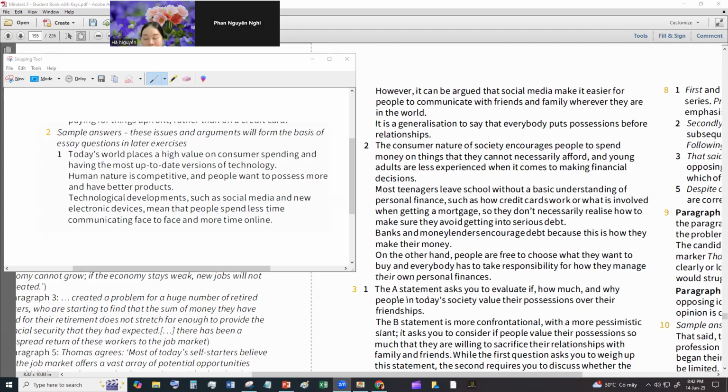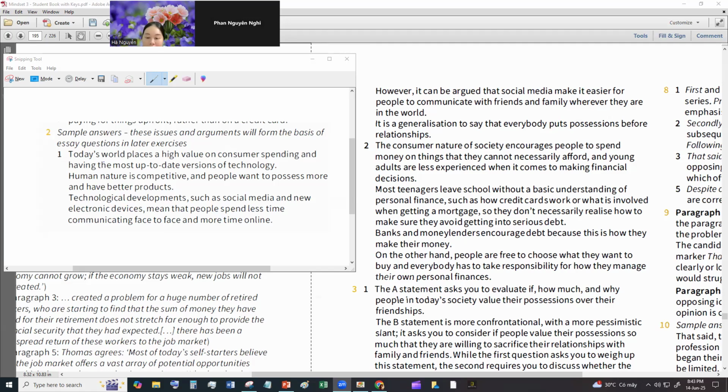Okay, so can you tell me again, according to the answer in the book, what are the points that support statement number one? What ideas support statement number one? What is statement number one? Is it agree or disagree?